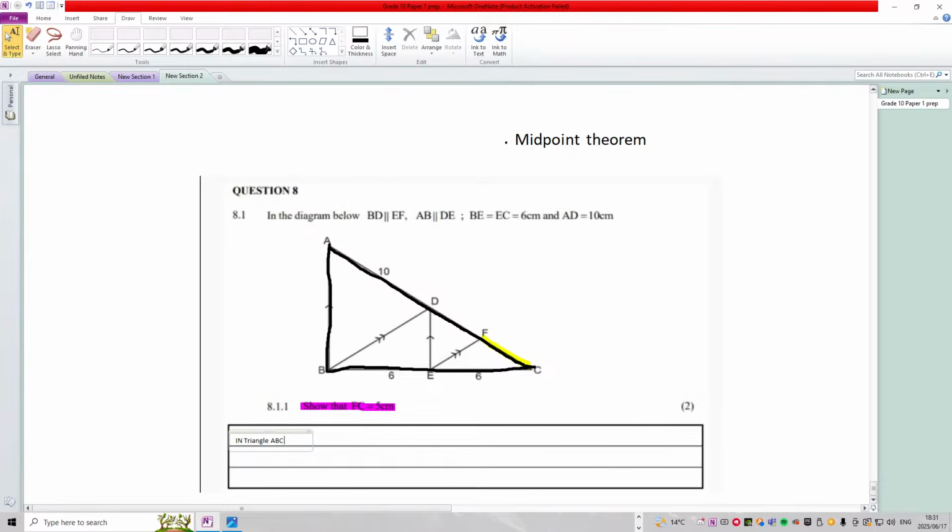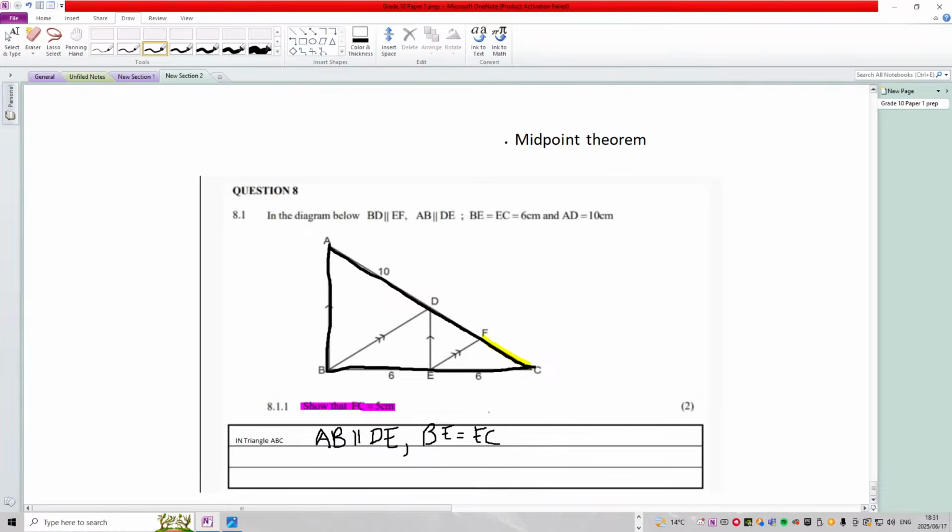We have that AB is parallel to DE, and we also have BE is equal to EC.